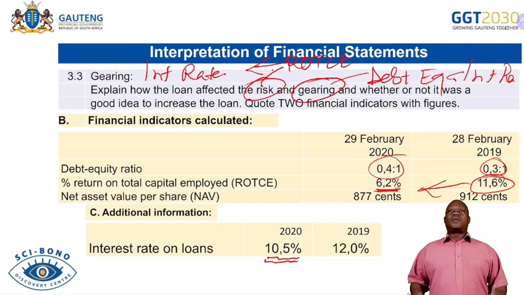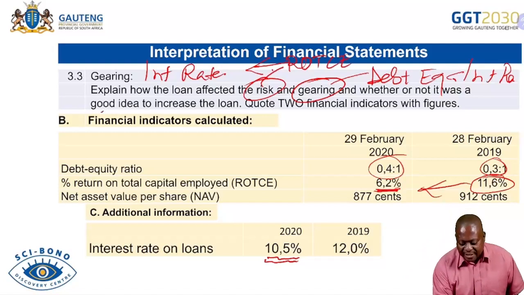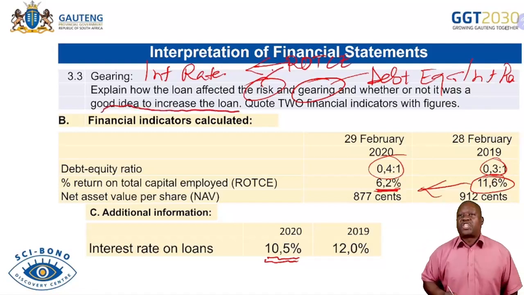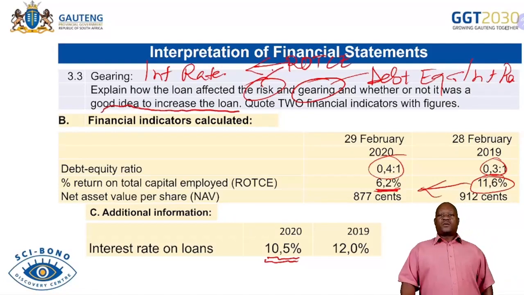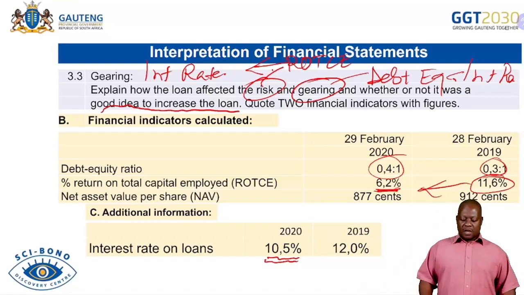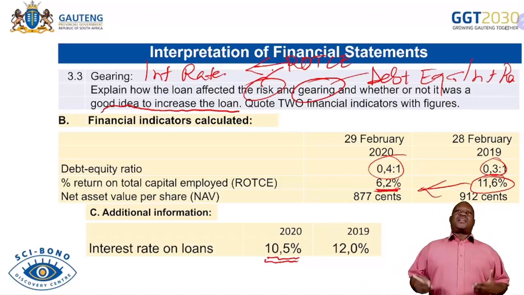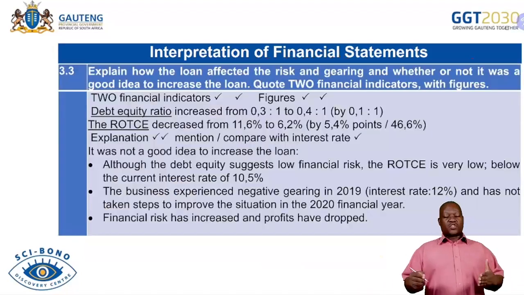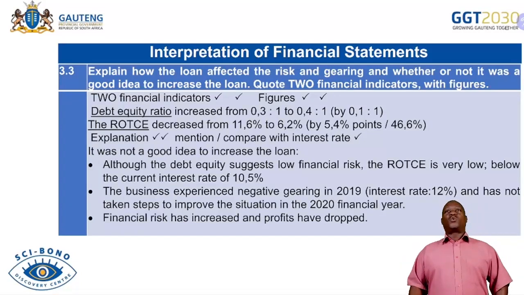Is it a good thing to borrow? No. Because at the end, they said we are supposed to give a decision whether it's a good decision to increase a loan. Was it a good decision to borrow? Now, from this information, it's straightforward that it is not good to borrow. So this is what we are expected to indicate as our answers.